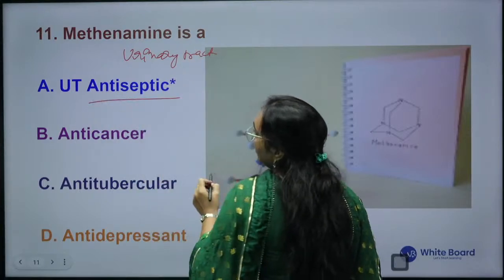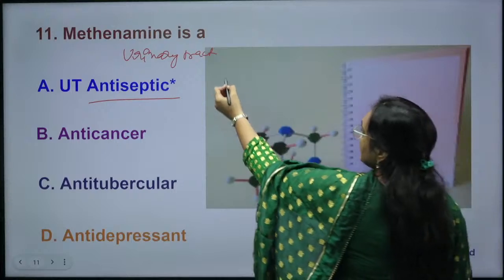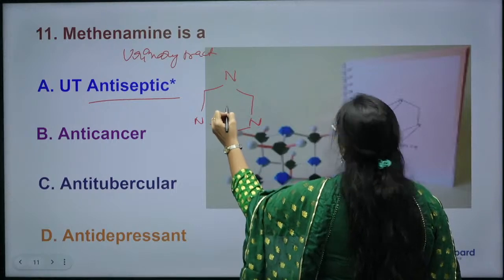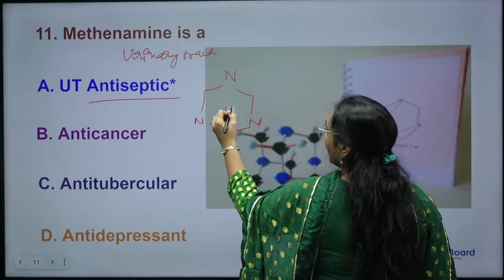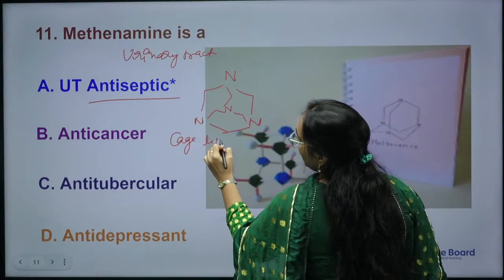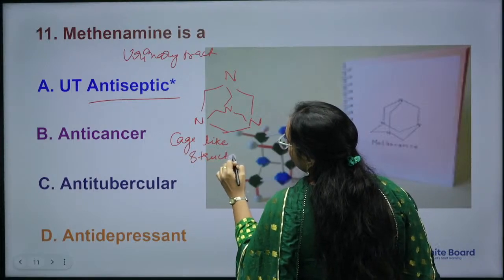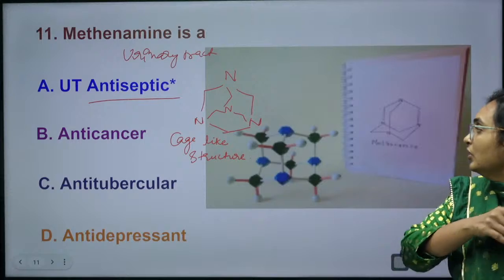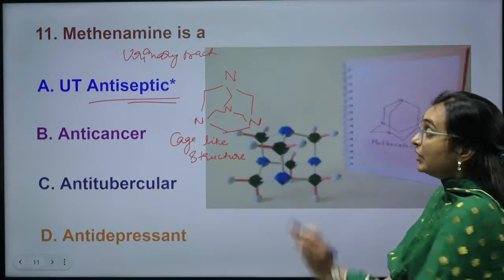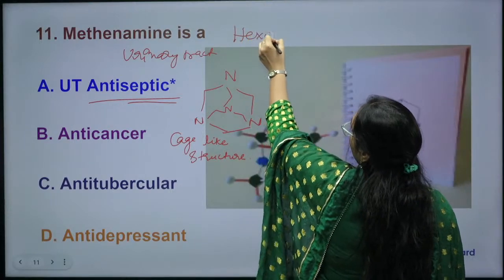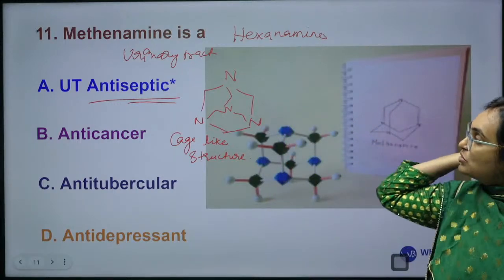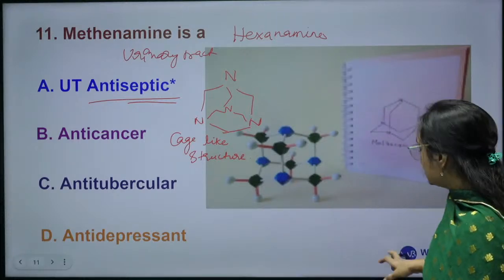It has a structure like this, a cage-like structure. Cage-like structure is seen for methenamine. So methenamine is used as a urinary tract antiseptic. It is also called hexamine. Another name for methenamine is hexamine. Hexamine or methenamine, both are the same, used as urinary tract antiseptic. So the answer is A.